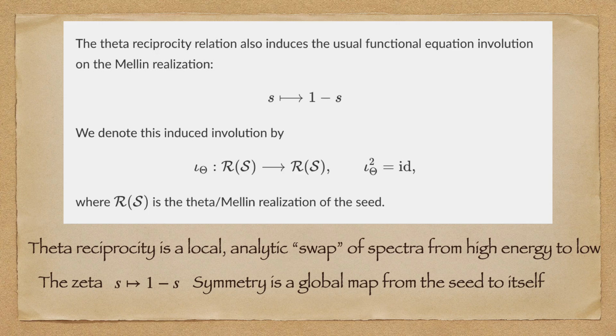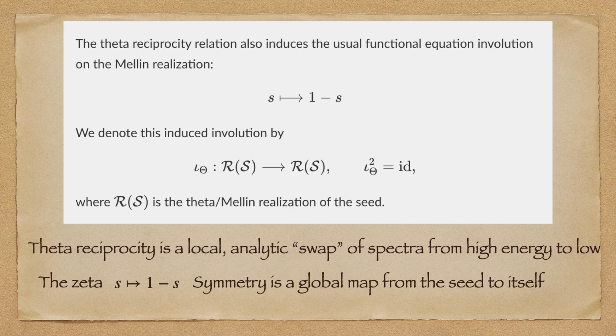The theta reciprocity relation induces the usual functional equation involution on the Mellin realization. That's the s maps to 1 minus s symmetry of the completed zeta function. We denote this induced involution by a map from the realization of the seed to itself, where I squared sub theta equals the identity, and R of s is just the theta Mellin realization of the seed.